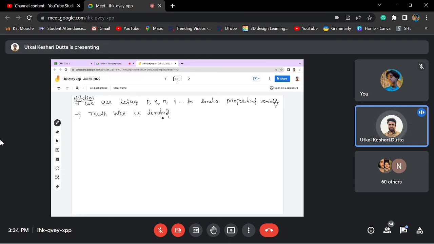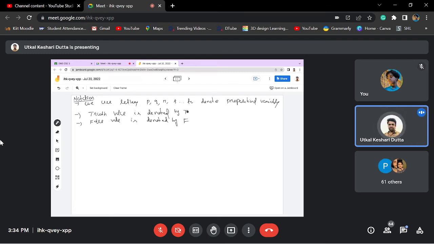If the proposition is true, then the truth value is denoted by T. If the proposition is false, then the false value is denoted by capital F. What are the other notations for true value and false value? Any idea? Sir, 1 and 0.